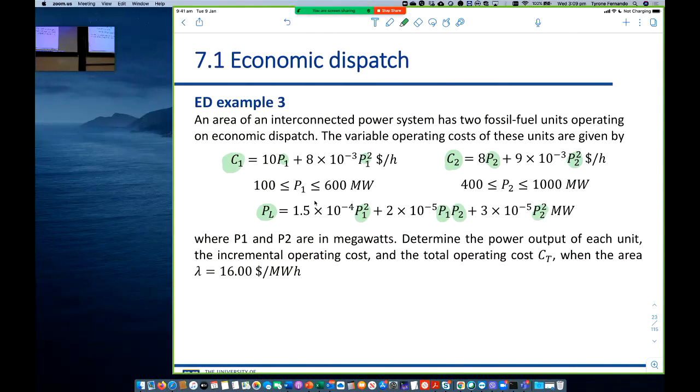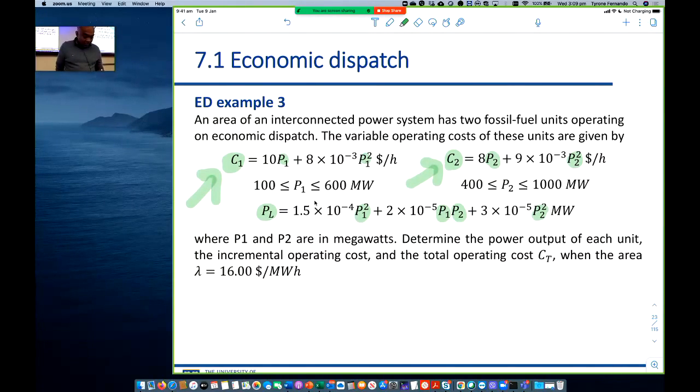So what do we have to do? We have to determine the incremental cost for C1. That's no problem. We differentiate C1 with respect to P1. We need to find the incremental cost of generating for generator 2. We differentiate C2 with respect to P2. That's not a problem. For each of the generators, we need to find a penalty factor.